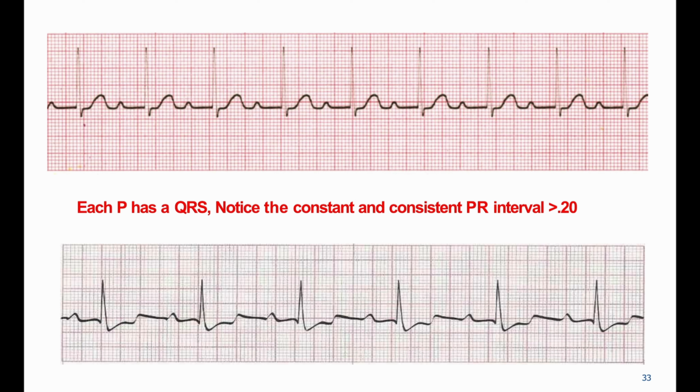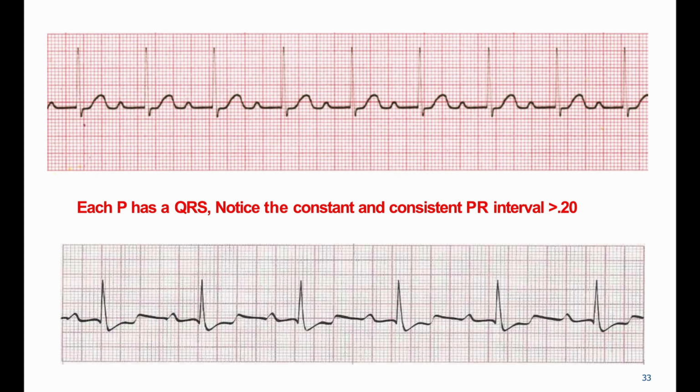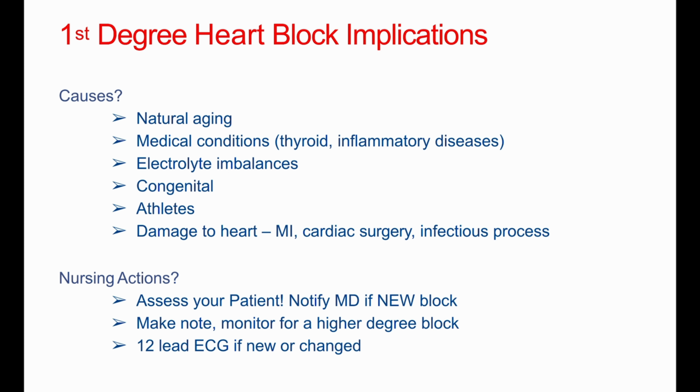In the rhythm strip, you can see there is consistency between the gaps, and the PR interval is greater than 0.20. Implications for first degree block: natural aging is one cause, as are medical conditions like thyroid disease, inflammatory diseases, electrolyte imbalance, congenital causes, athletes, damage to the heart like myocardial infarction, cardiac surgeries, and infectious processes.